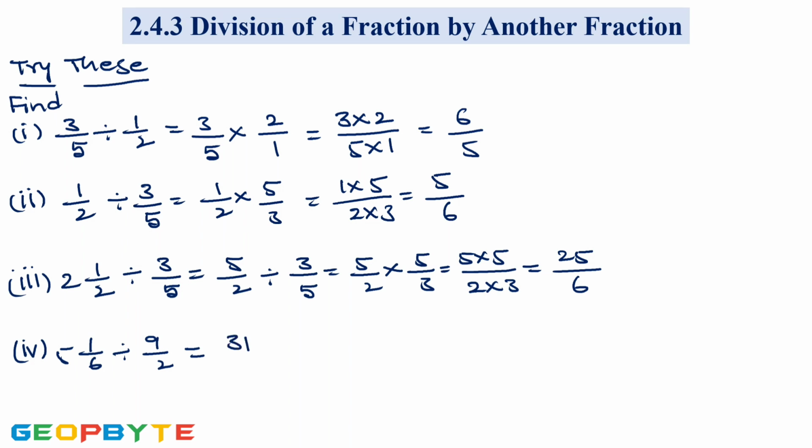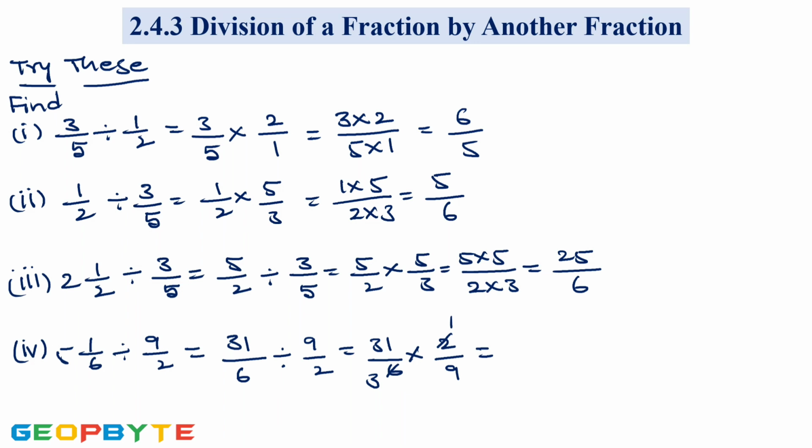So 31 by 6 divided by 9 by 2, which is equals to 31 by 6. We need to find the reciprocal of 9 by 2. So the reciprocal of 9 by 2 is 2 by 9, which is equals to, now in this case 2 ones are 2, 2 threes are 6.